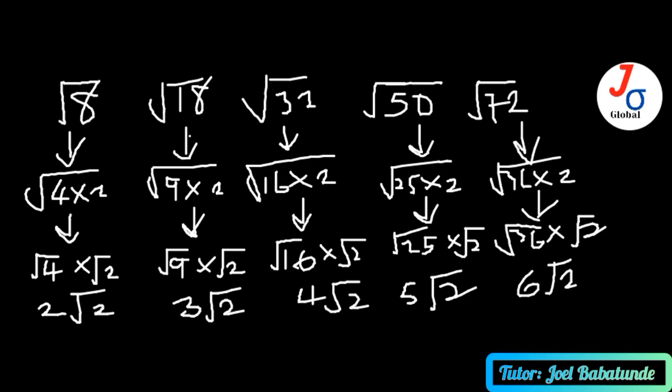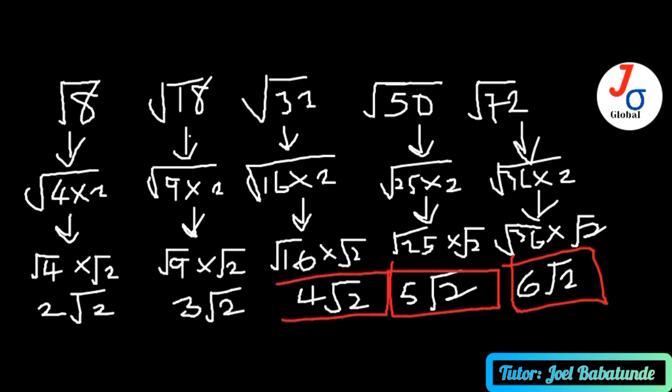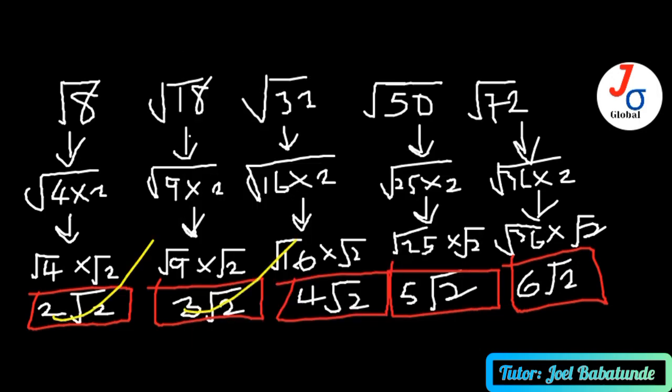Now looking at these end results, what do you see that is common to the five of them? I see 2 root 2, 3 root 2, 4 root 2, 5 root 2, 6 root 2. What they have in common is root 2. So we say that all of these surds are called similar surds.